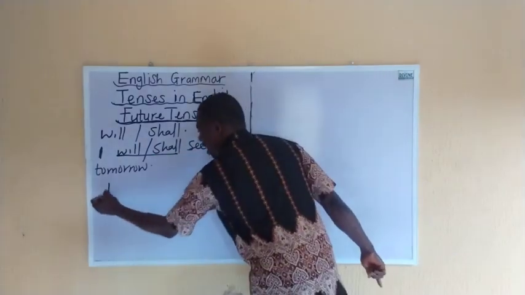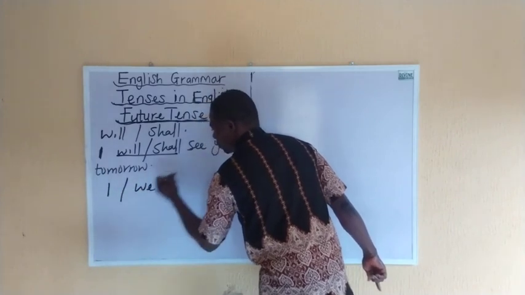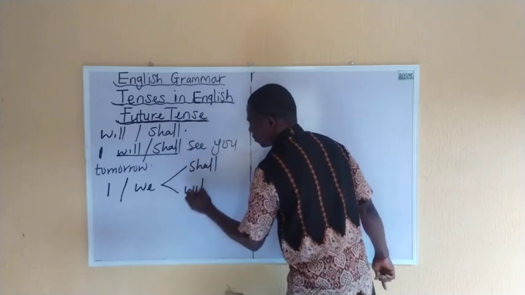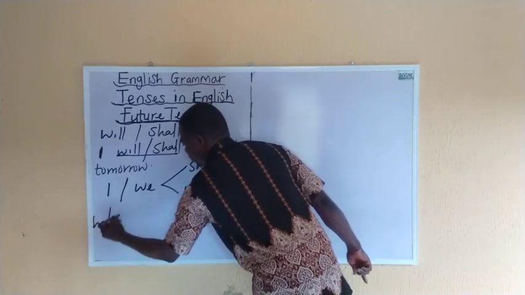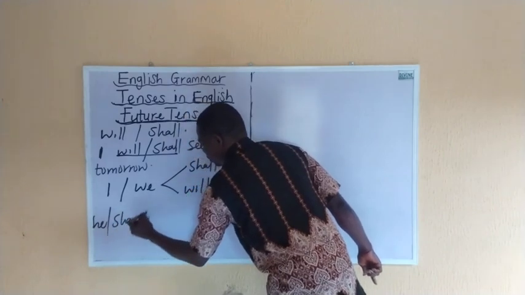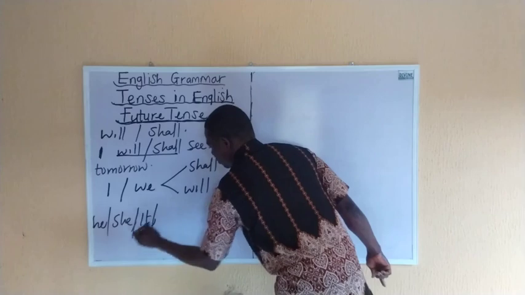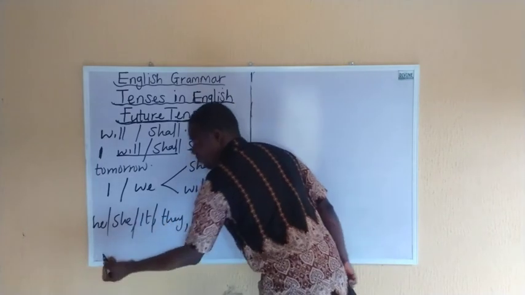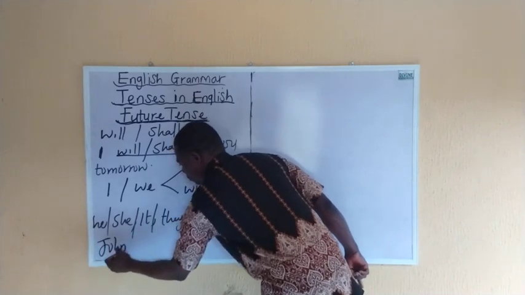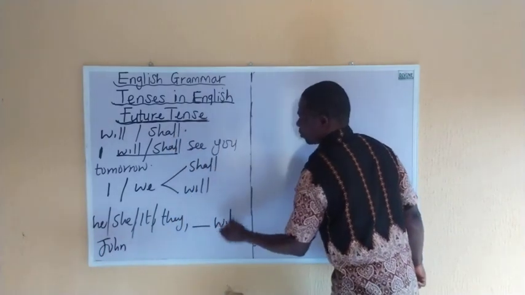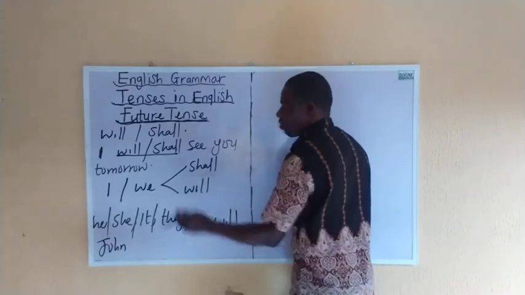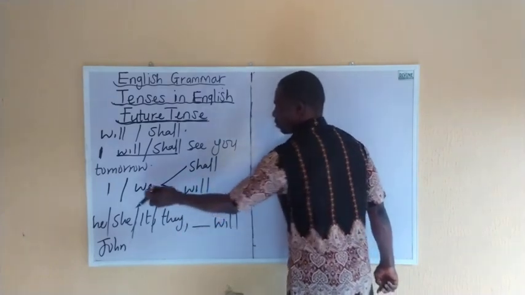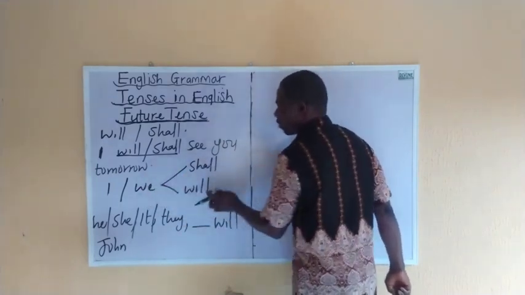Okay, fine. We can say I will, I shall, we shall, we will. Then we have he, she, it, they, and then a name of a person, John. What this means is that we can say I shall, I will, we shall, we will.